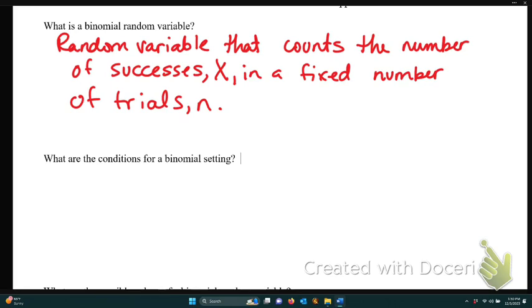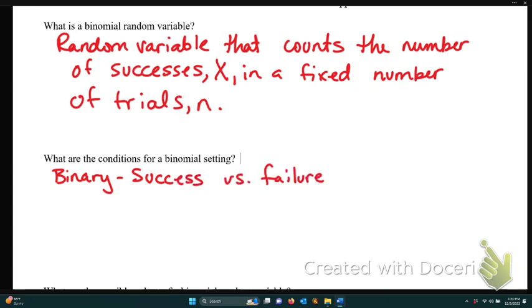In order for something to be considered binomial, it has to meet four different conditions. First of all, it has to be binary. Do you guys know what binary means? It means there's only two options. So for something to be binomial, it has to have success versus failure.